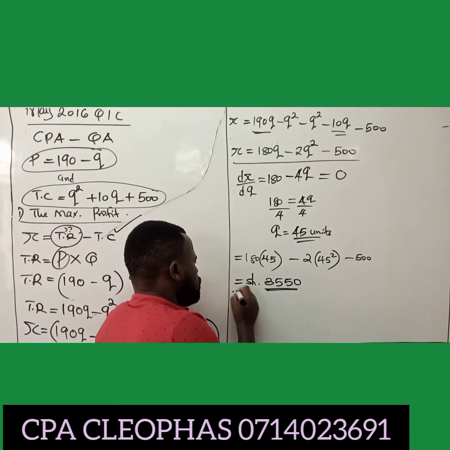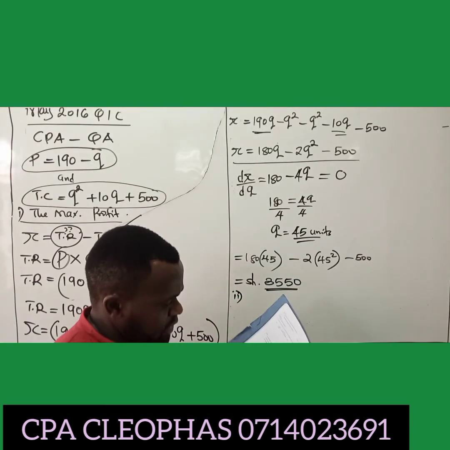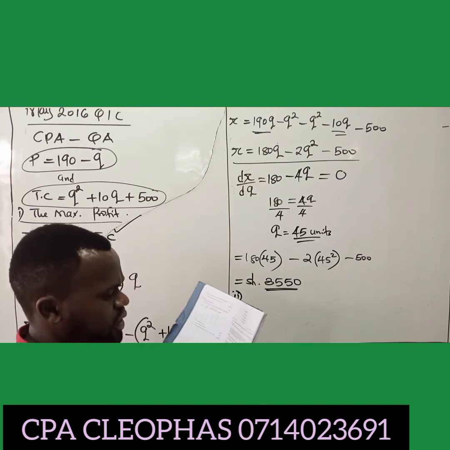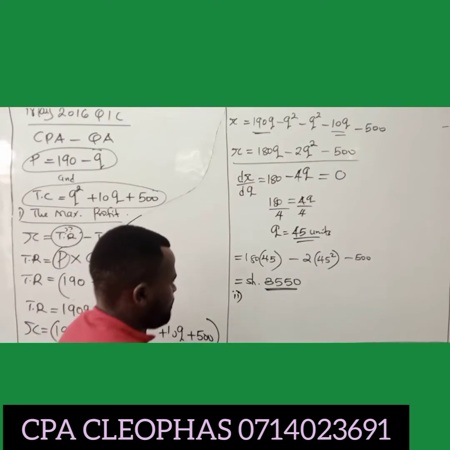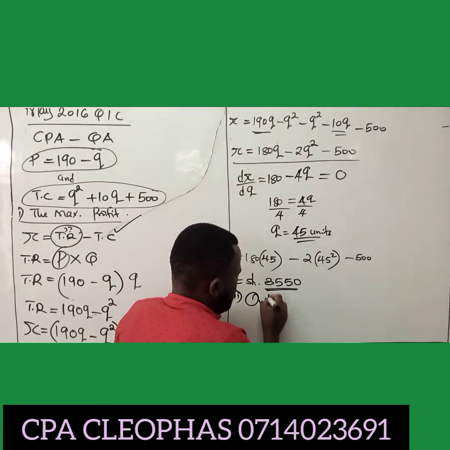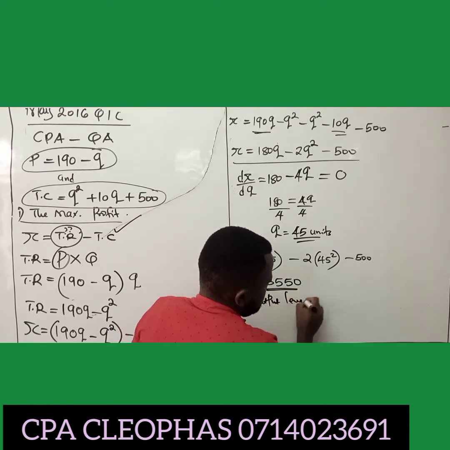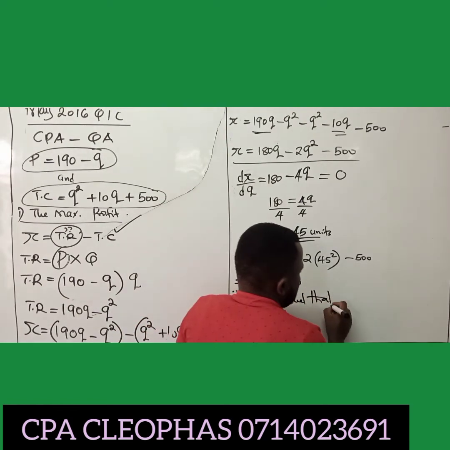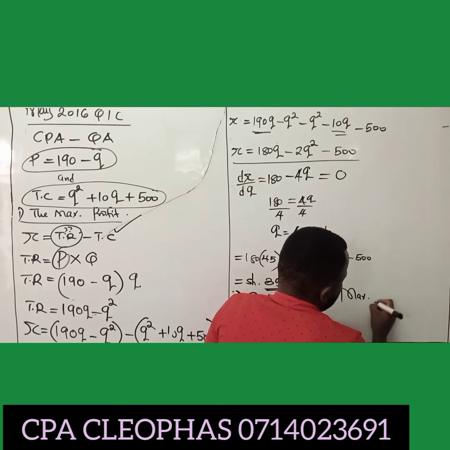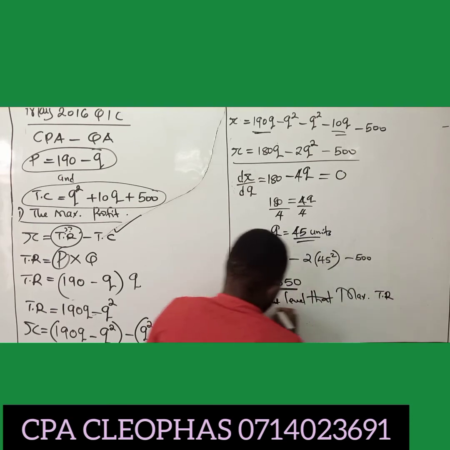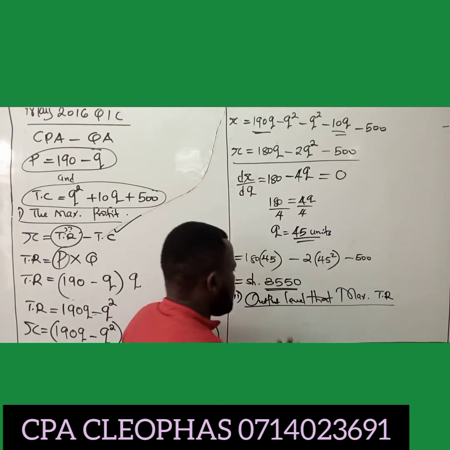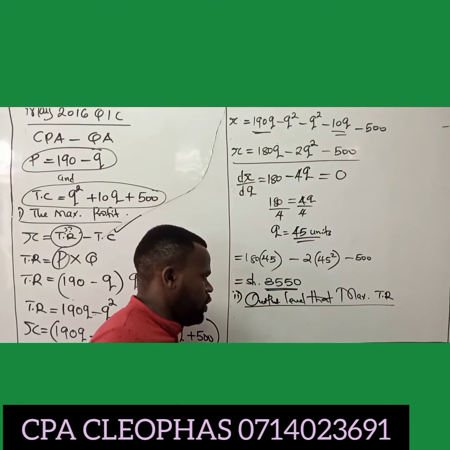Then Roman 2 of the question says: the output level that would maximize total revenue.